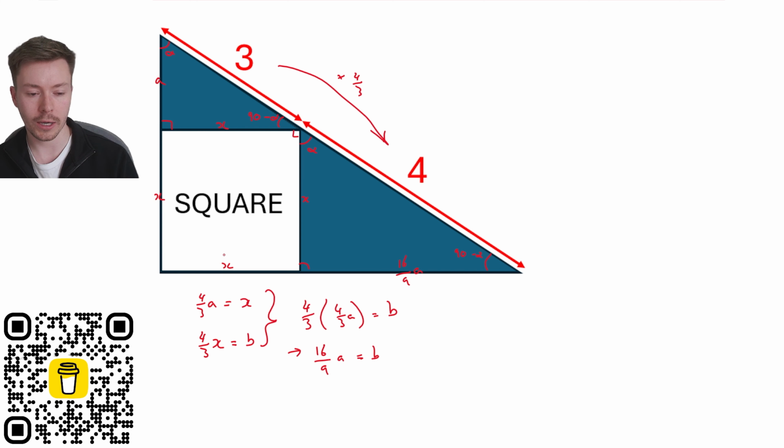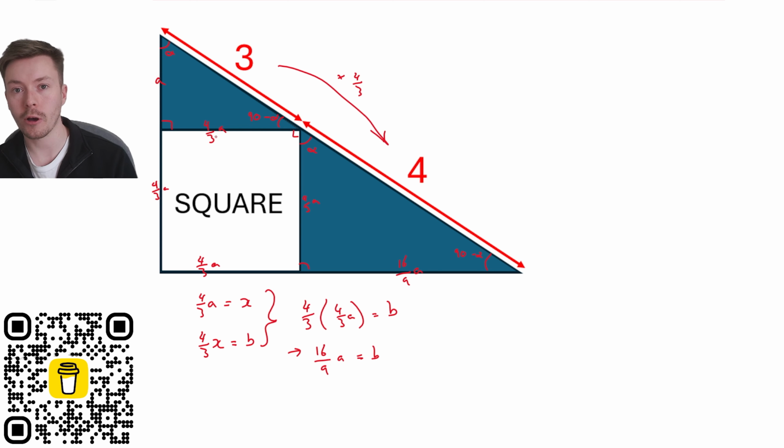I need to work out the length that x is ideally, and the way that I would want to do that is just by writing it at the moment, at least in terms of A. So I'm going to replace the x with 4/3 of A. Now what I'm doing here is trying to eliminate my variables, so that I'm just left with one variable. So 4/3 of A everywhere.